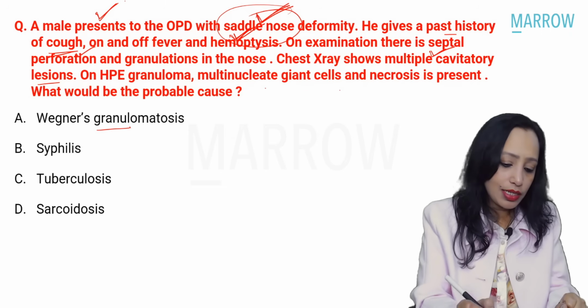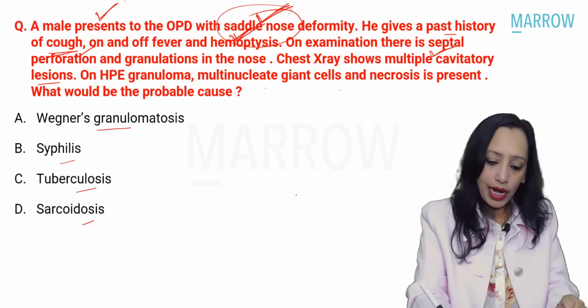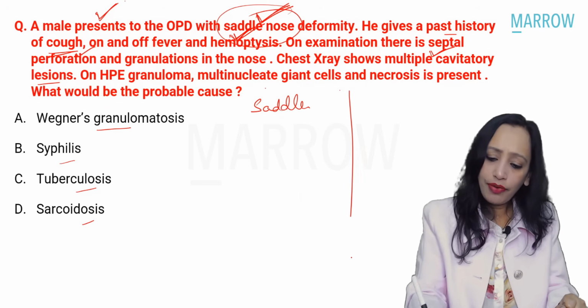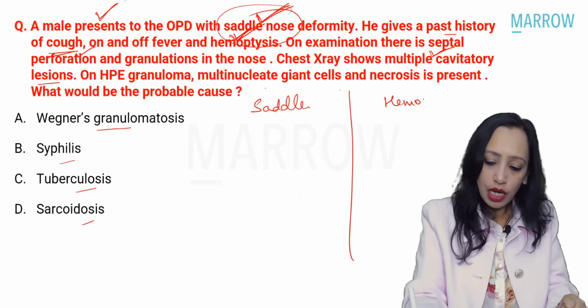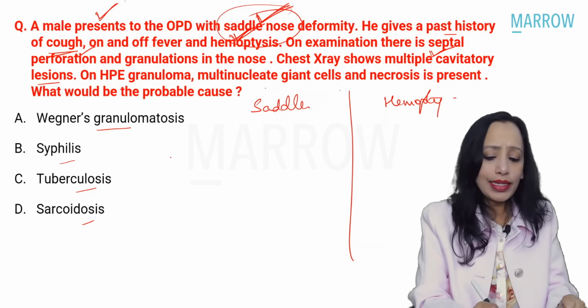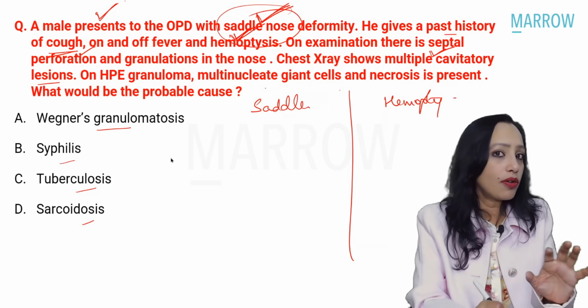We have Wegener's, syphilis, TB and sarcoidosis, and we have two main symptoms here, saddling and hemoptysis. So let us see in which condition it can be present. In Wegener's granulomatosis, can saddling of the nose be present quite early? Yes, we know Wegener's causes a lot of destruction.